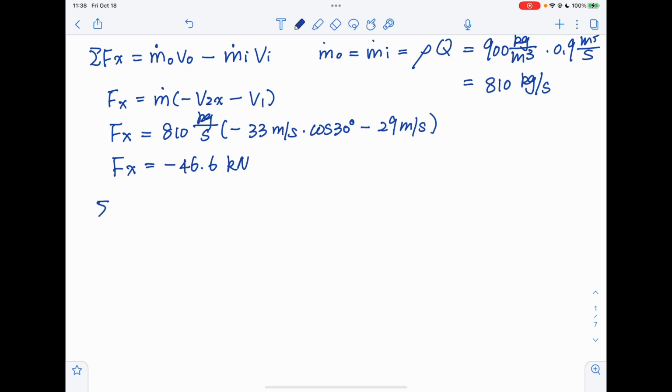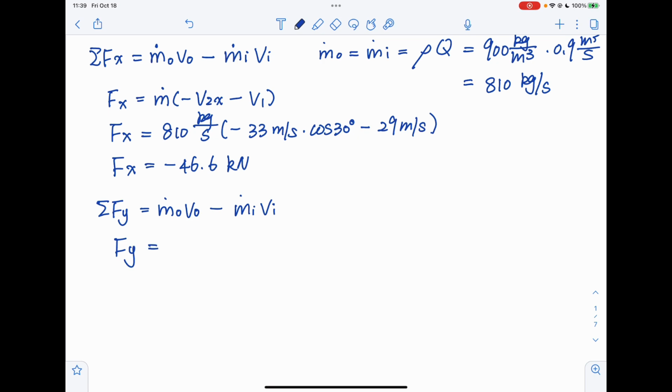So the sum of force in the y direction equals the same thing, m dot times the velocity moving out minus m dot times the velocity moving in, and the m dot is the same thing. So we can simplify the equation.